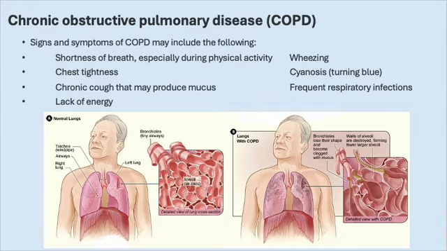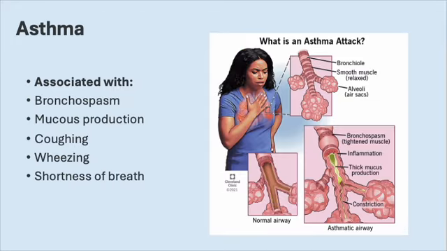Now, for the next few slides, we're going to look at some cases that involve inflammation as well. Asthma is a chronic disease that is characterized by inflammation of the airways and constriction of the bronchioles, which can inhibit air from entering the lungs. There's also excessive mucus secretion with asthma in the respiratory tract.